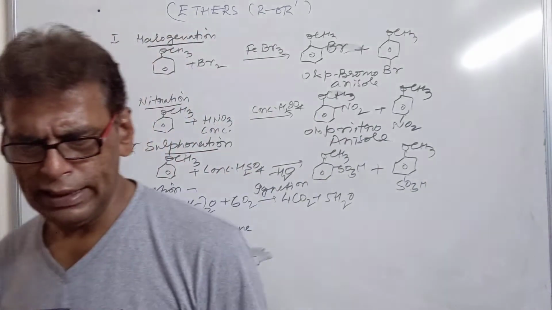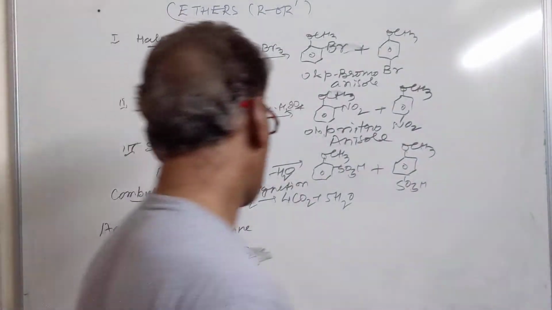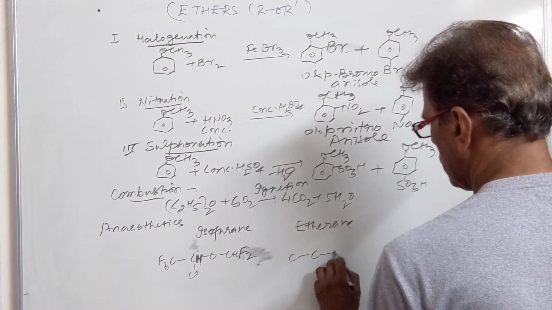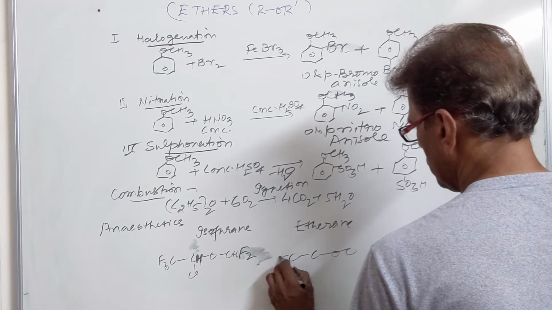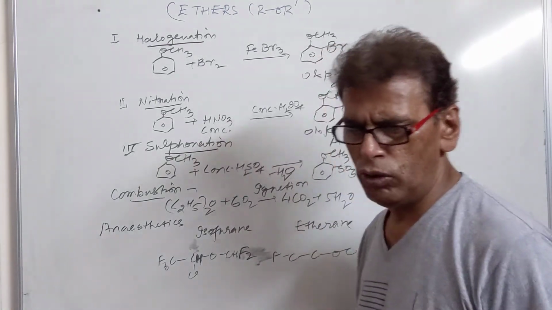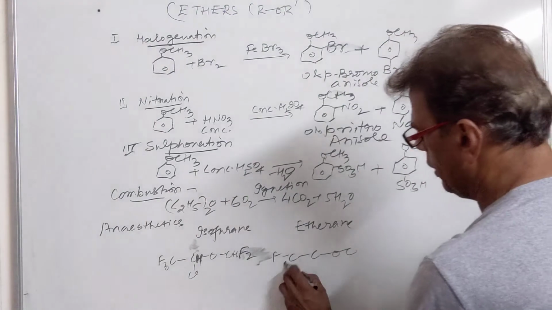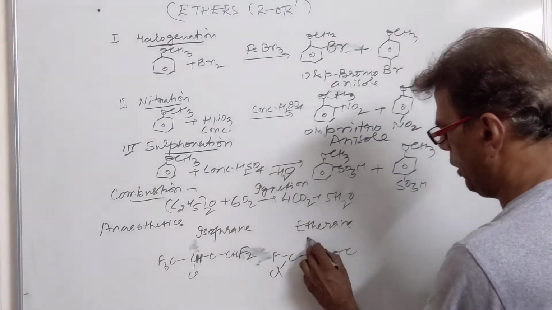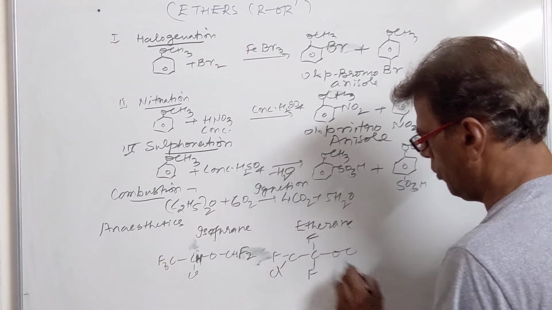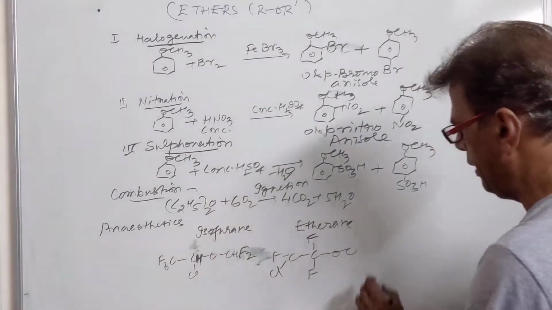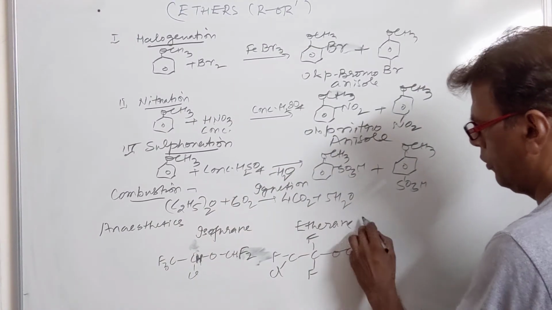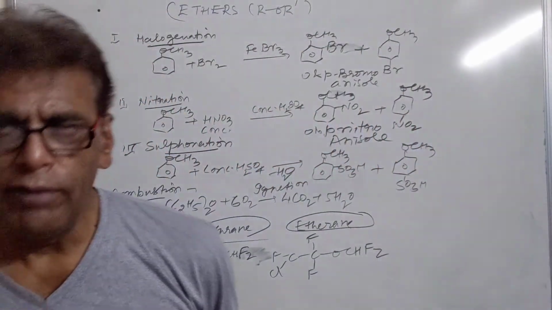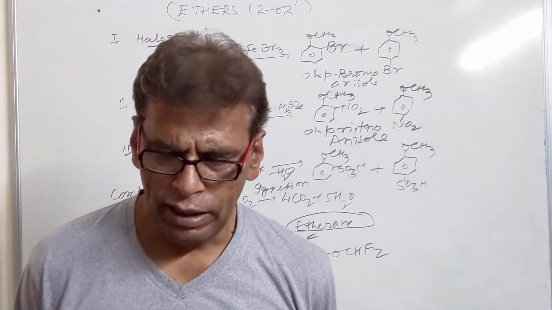And another anesthetic is enflurane. Enflurane is also a fluorinated and chlorinated compound of ether. It has 3 fluorine on the left hand side, 1 chlorine, and on the right hand side it has 2 fluorine. So enflurane and isoflurane are used as anesthetics in the laboratory as well as in hospitals.